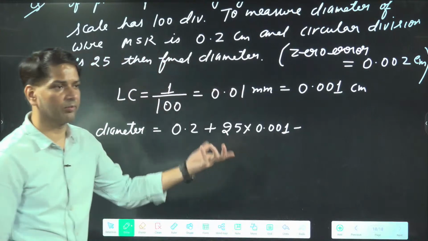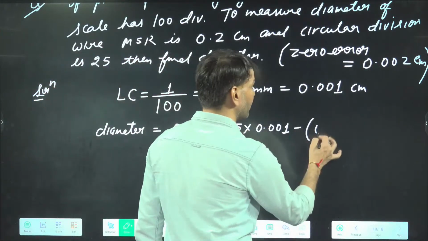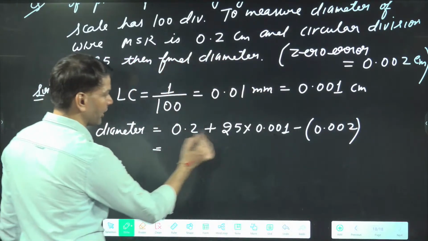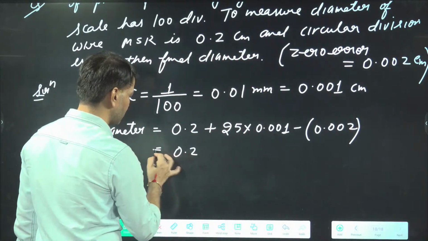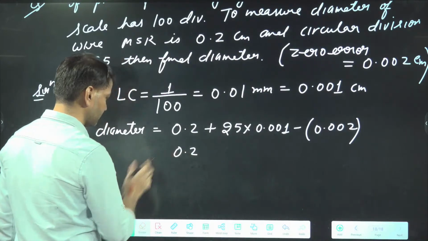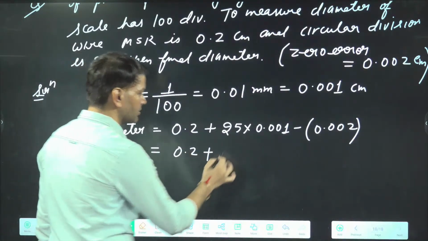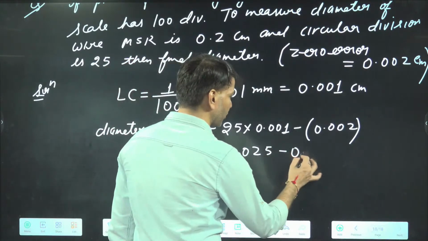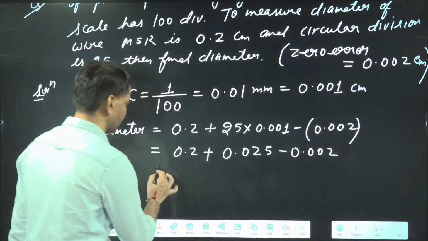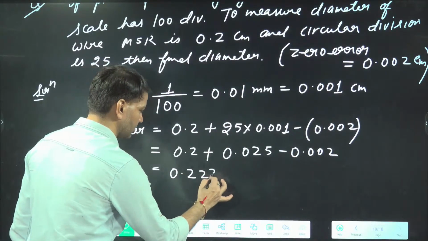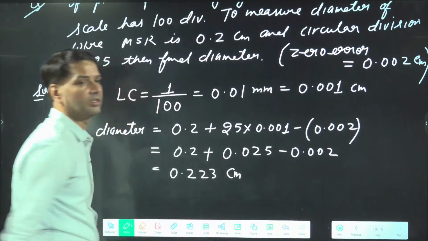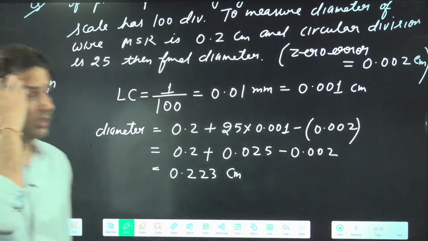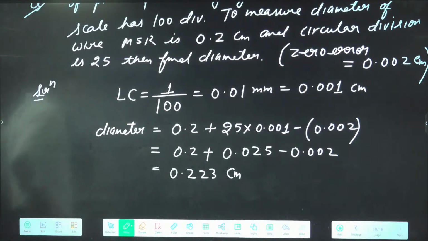Zero error is directly given as positive, so you put here positive 0.002. So 0.2 plus 0.025 minus 0.002. After adding, what do you get? 0.223 centimeter. So the diameter of the wire is 0.223 centimeter. Okay.